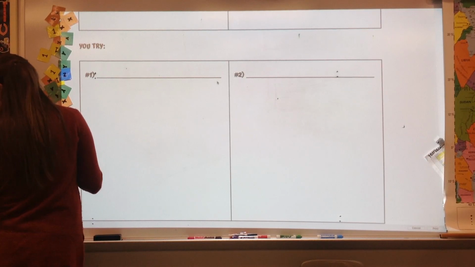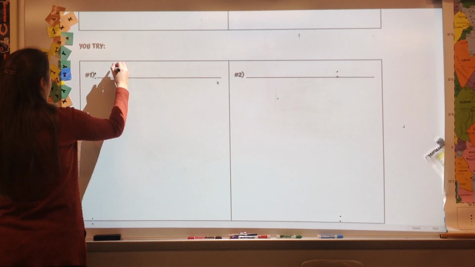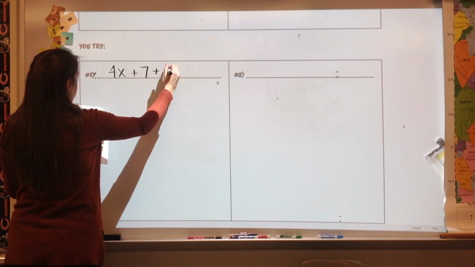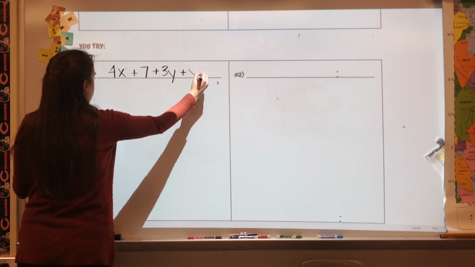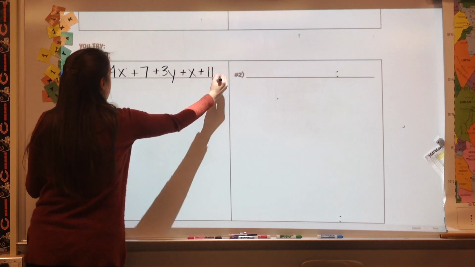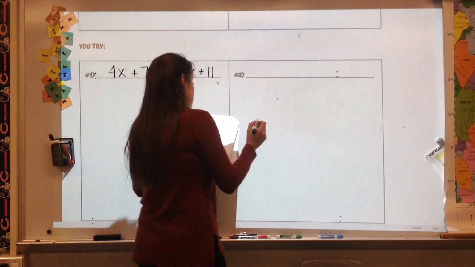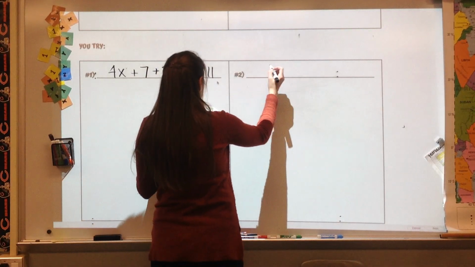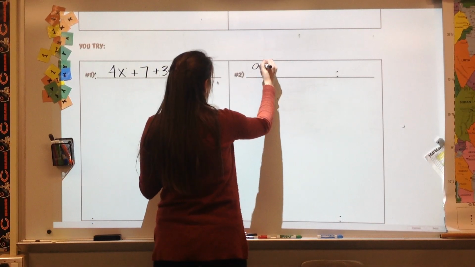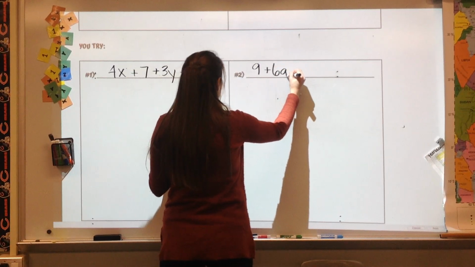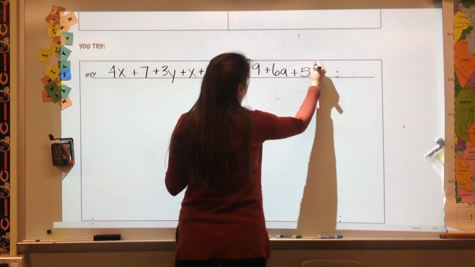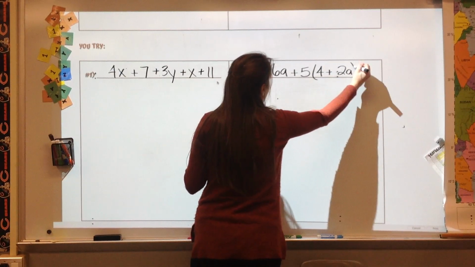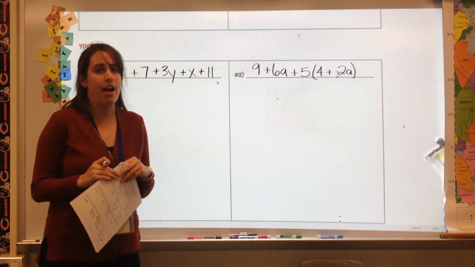So You Try number 1, 4x plus 7 plus 3y plus x plus 11. And then for You Try number 2, we're going to do 9 plus 6a plus 5, and then in parentheses 4 plus 2a. Go ahead and try that on your own.